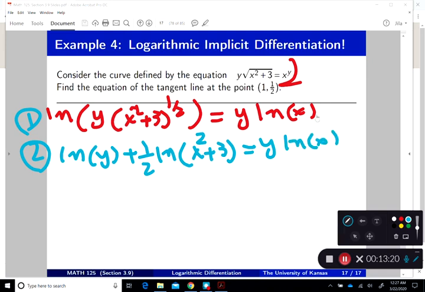Now at this point I can't simplify any further, so I take the derivative, and every time I take the derivative I remember y is an implicit function of x. I don't know what kind of function, but it's an implicit function.